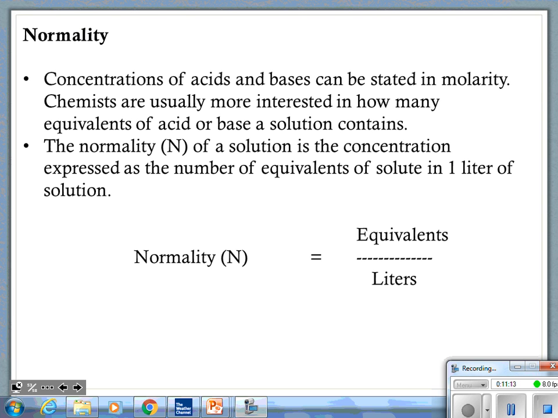We have a 6 molar hydrochloric acid solution, a 0.1 molar sodium hydroxide solution. So we typically talk about their molarity. However, with acids and bases, chemists are more interested in the amount of equivalents. So we have come up with a new value, the normality. The normality of a solution is the concentration expressed in the number of equivalents of solute in 1 liter of solution.